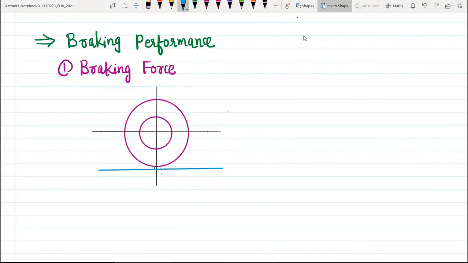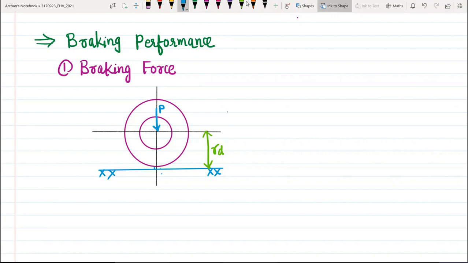This blue line shows the level of the ground, and this will be our radius of the wheel, RD. Now what will happen? There is one pressure which is acting downward. Let us say this pressure be P. It is nothing but a normal load.